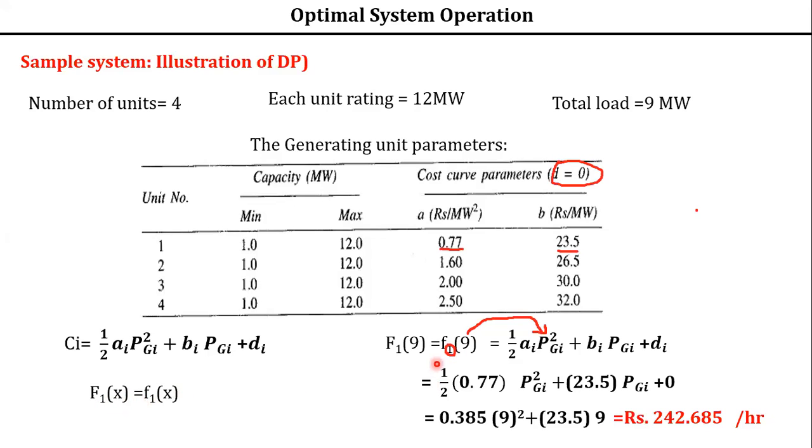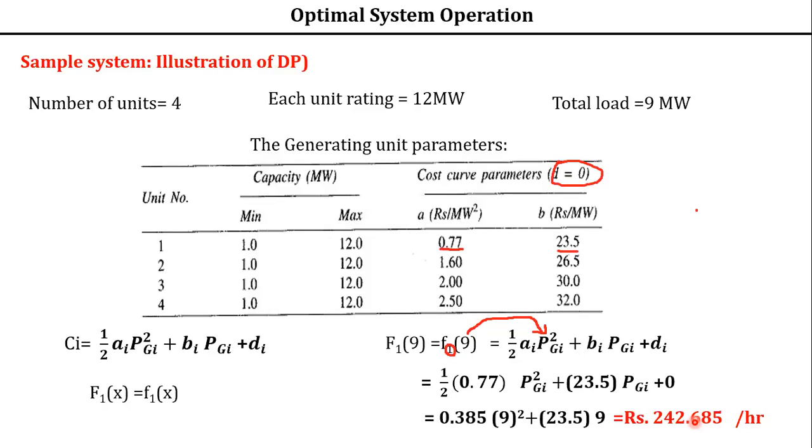So only one unit we are operating with a full load of 9 megawatt. So to meet 9 megawatt, it has to generate 9 megawatt of generation. Substitute this value, so you will get 242.685. That means if you are operating one unit, the cost is 242.685.